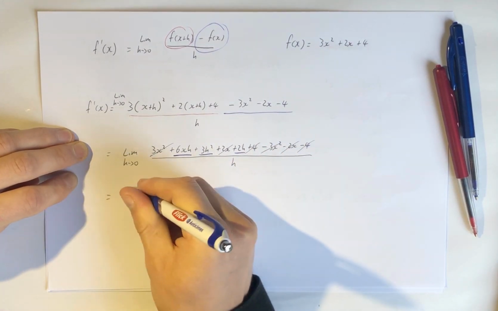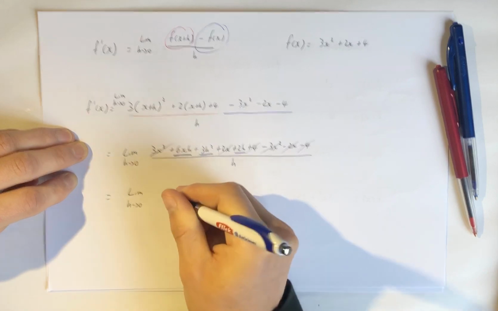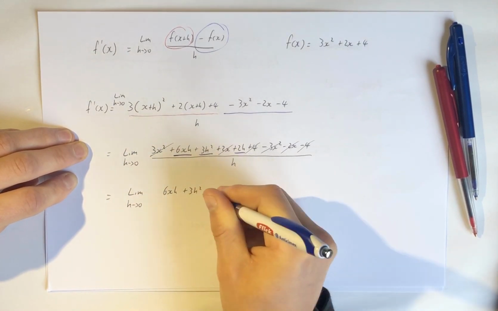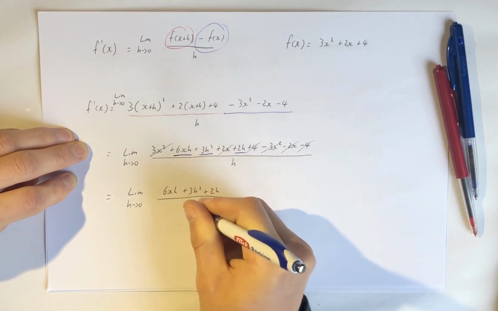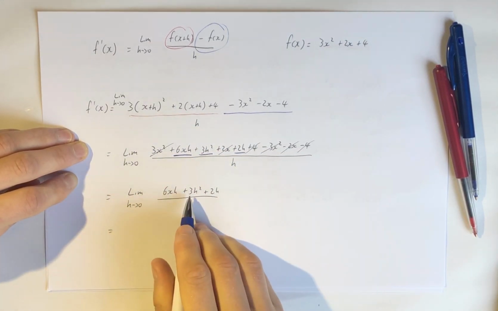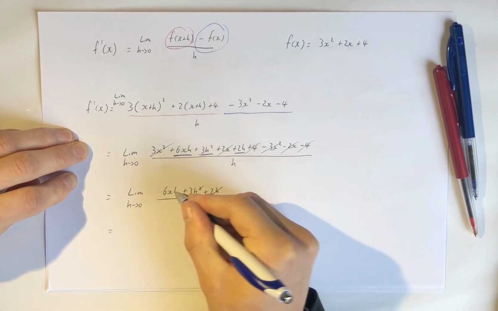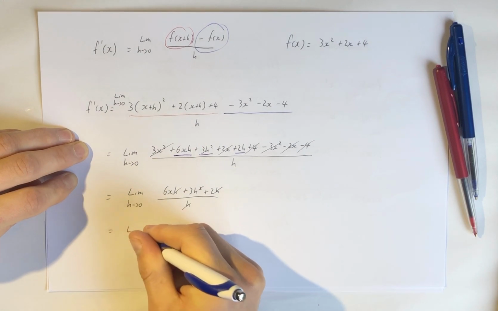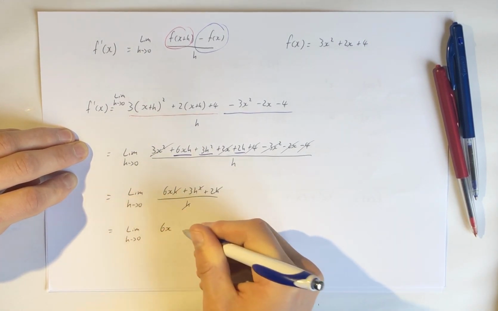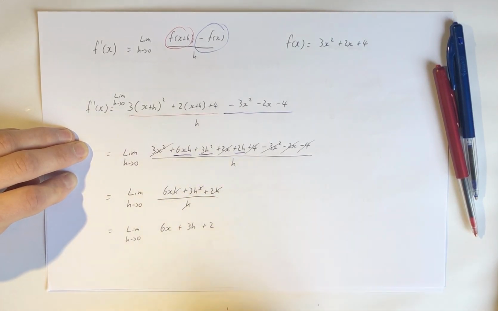So the limit as h goes to 0 of 6xh plus 3h squared plus 2h all over h. Well, we got a little bit more cancelling to do, and h can cancel in every single one of those terms. We're now taking the limit as h goes to 0 of 6x plus 3h plus 2.